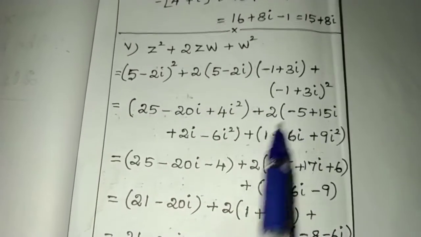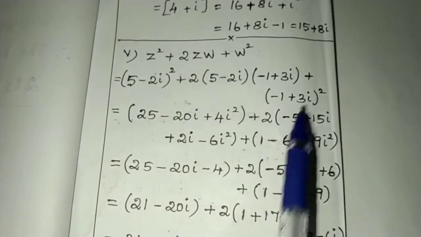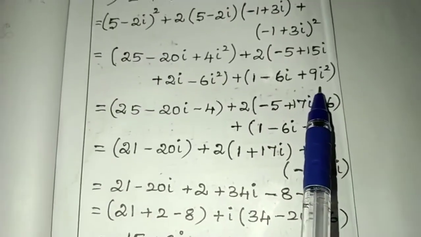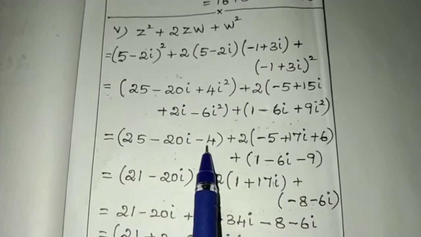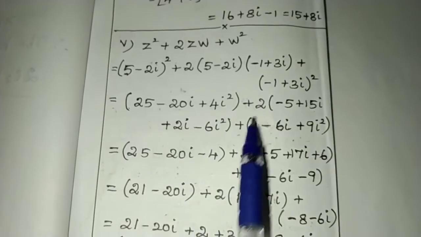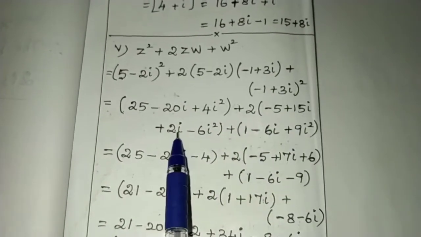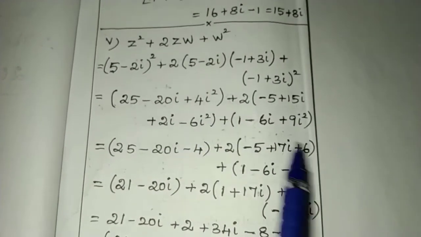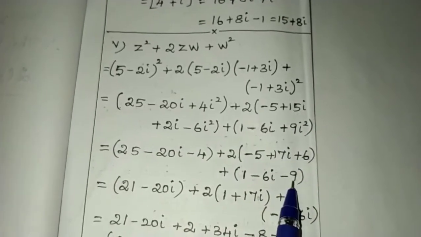Here (a minus b) whole square, so 1, 2ab. 2ab means minus 6i. 3i whole square, that is 9i square. Okay, here i squared value is minus 1, that is minus 4. Next, here 15i plus 2i, 17i. Here i squared value is minus 1, plus 6. Here also i squared value is minus 1, minus 9.